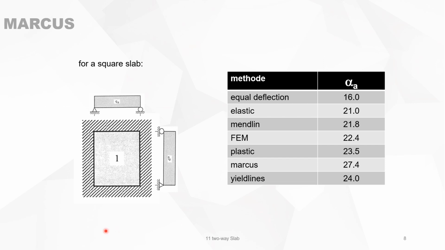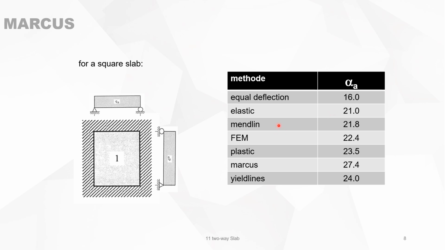What we've seen so far, or what we'll see in the future, is that if you take a square slab, simply supported on all sides, then something peculiar is happening. If you use the method of equal deflection, the maximum bending moment equals the total load divided by 16. Total load is Q times a squared. If you use an elastic calculation, it will be total load divided by 21.